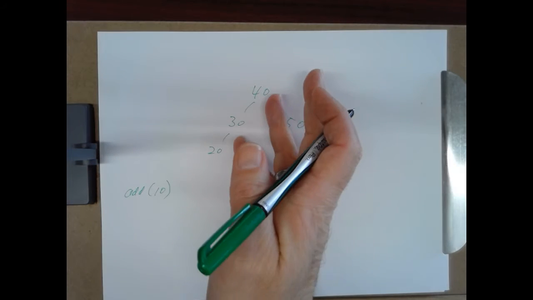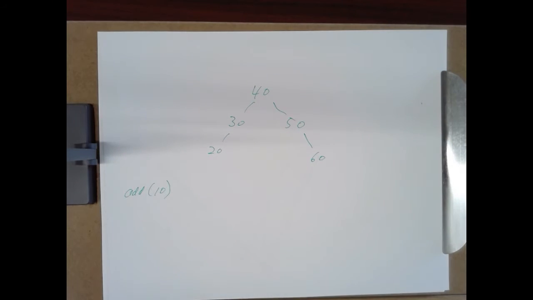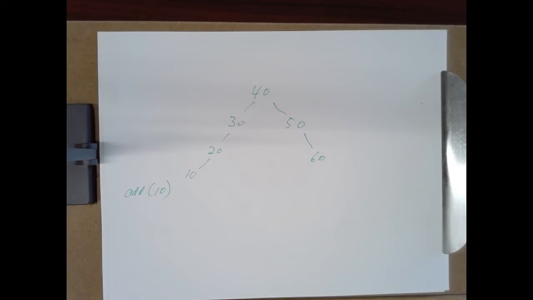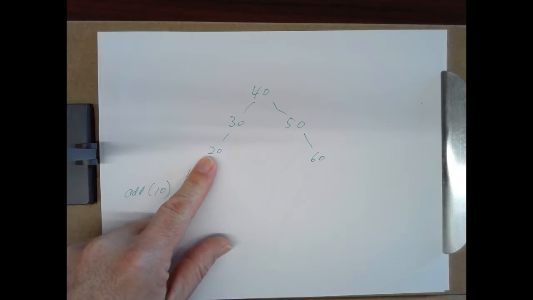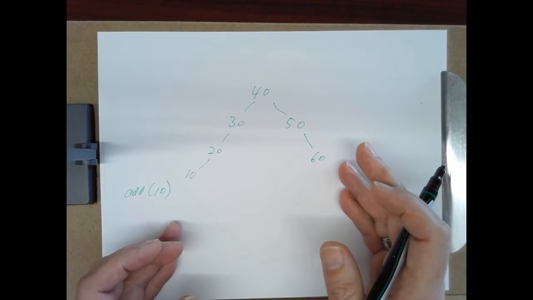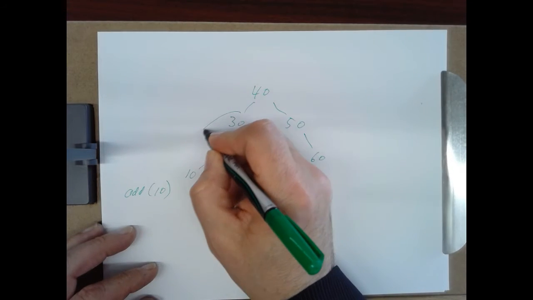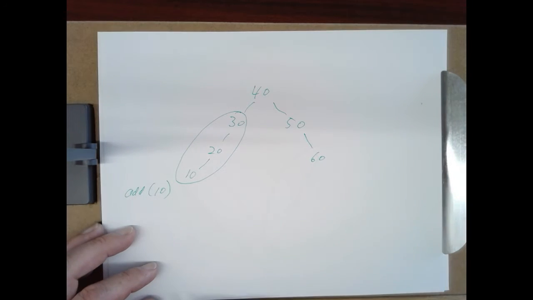Just starting with the root and moving left, right based on comparisons, we'd come down to here and we would add a 10. And this tree is not balanced anymore. But it turns out, since it was balanced before we did this, we can make an adjustment to this tree and restore the balance.